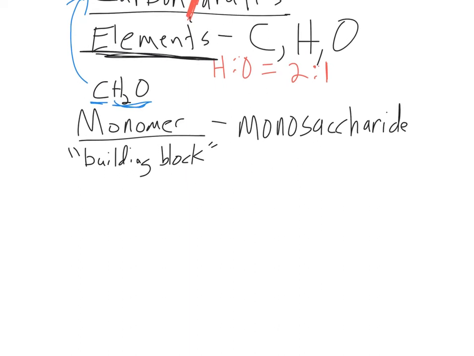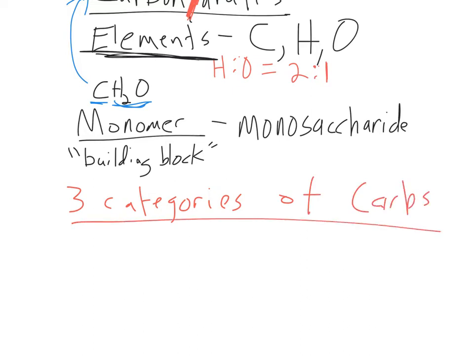Can I go up to right here? Okay. There are 3 categories of carbs. 3 categories of carbs we're going to talk about. So the first one, monosaccharides.